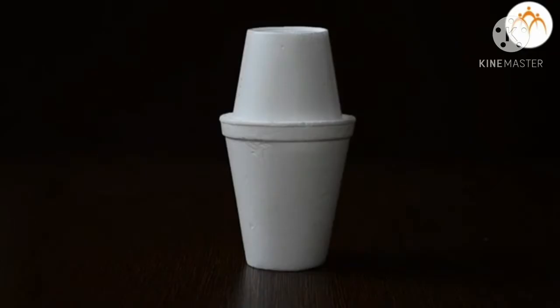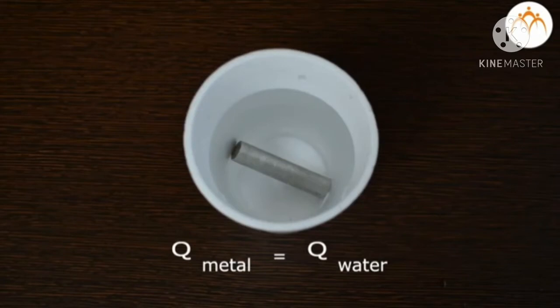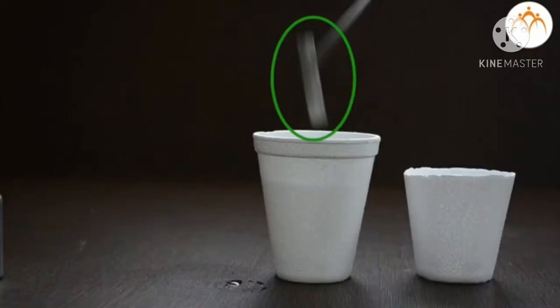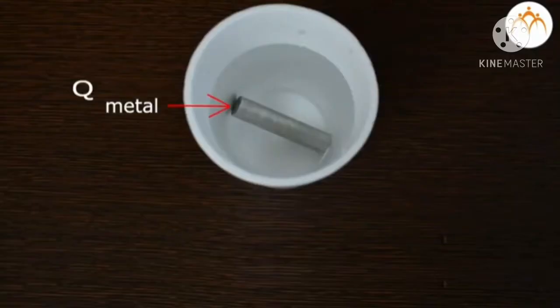If we assume that there is no heat loss to the surroundings, the net heat change is 0. That means the total heat energy of the water and metal in the container is the same. We can use this information to find the initial temperature of the aluminum rod. Energy lost by the metal is equal to energy gained by the water.